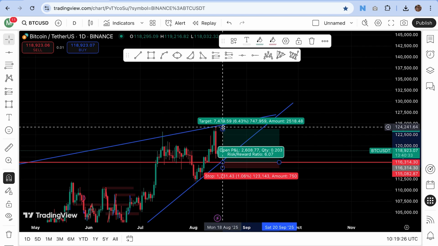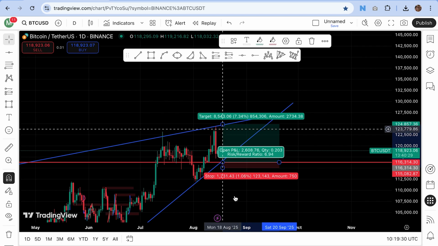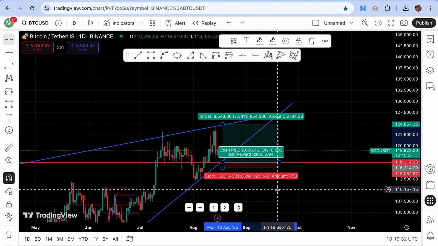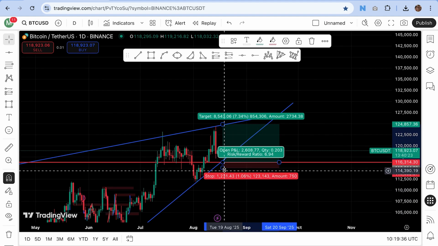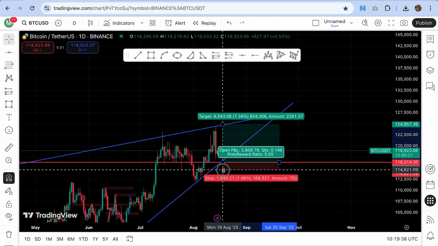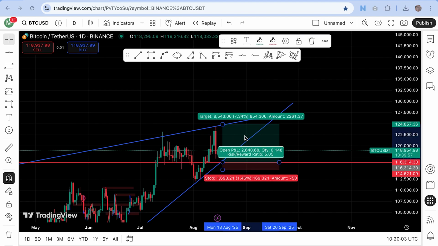Take profit can be placed up to here, giving a very good risk to reward ratio. If we make the stop loss a little bigger, just below this candle, this trade can work well. Now I will remove all these lines.